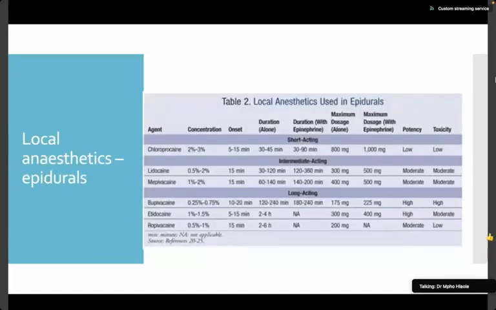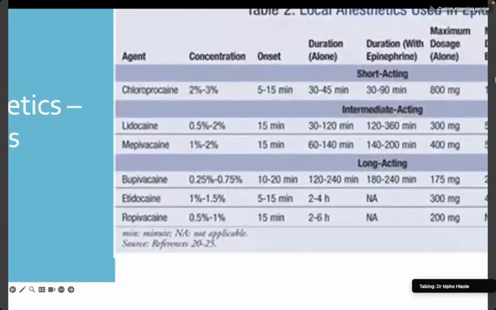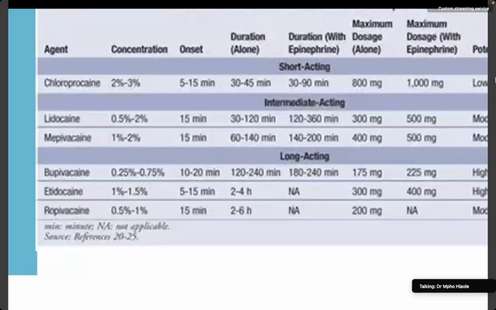Okay, so some of the local anesthetics that we use, we still use your normal bupivacaine. There's also ropivacaine, lidocaine. Some of these drugs are chloroprocaine. I've never used that. I've used lidocaine, bupivacaine, and ropivacaine.